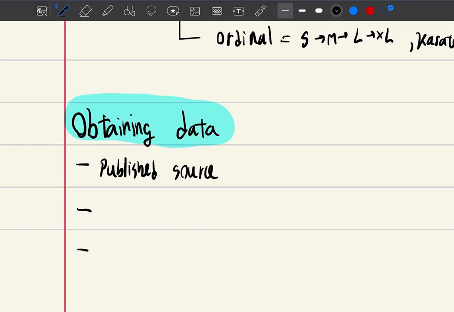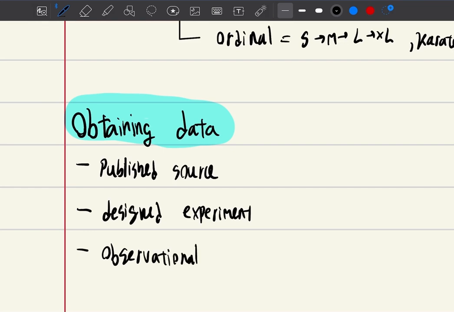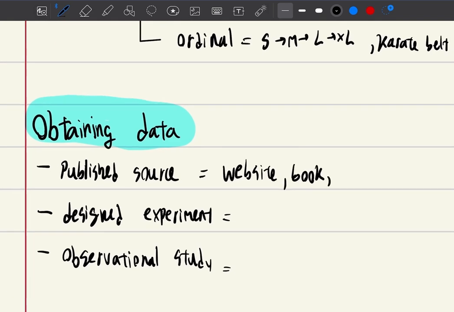Second, designed experiment. And third, observational study. The published source is data from a website, book, or newspaper.